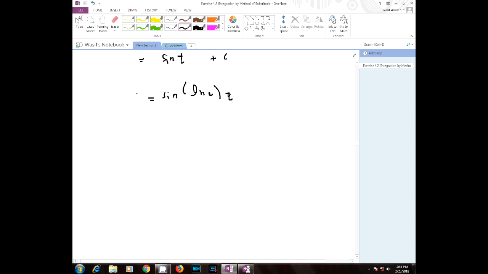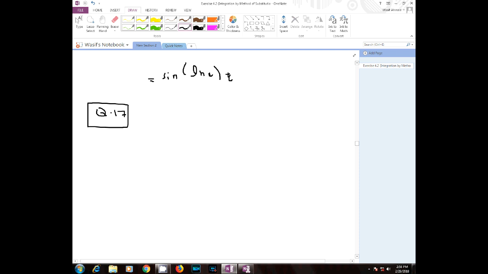The next question is also quite simple. Question number 17. In this question, you have to integrate 2x plus 5 divided by square root of x squared plus 5x plus 7.